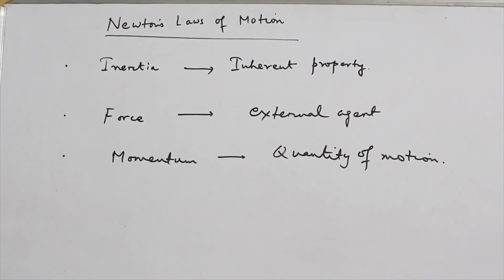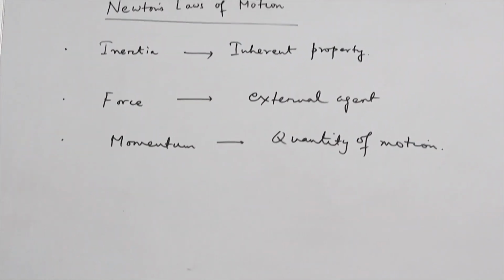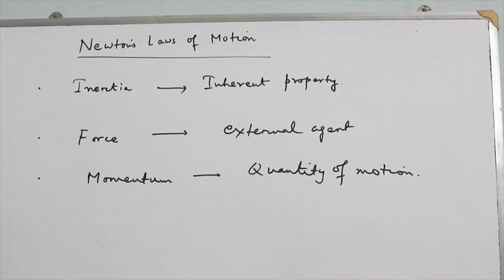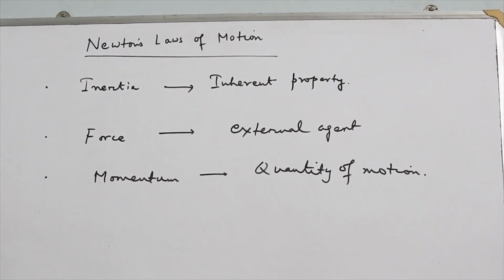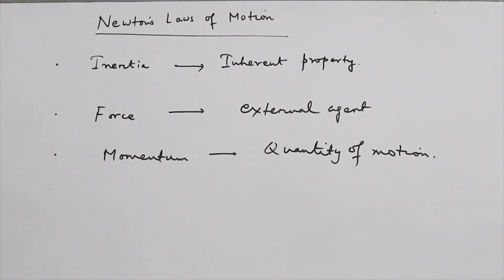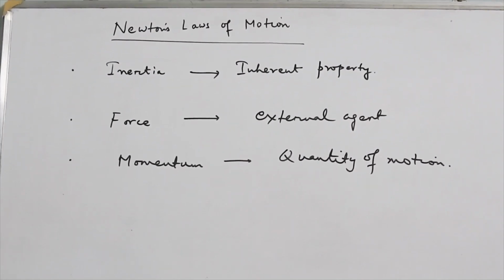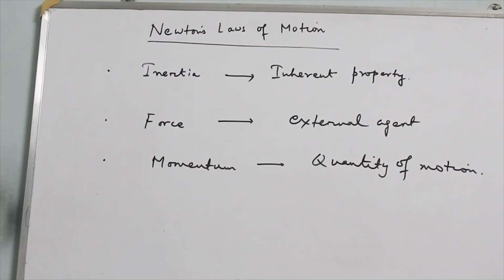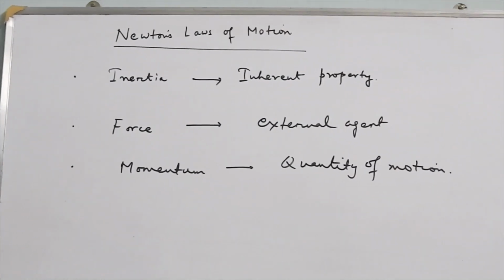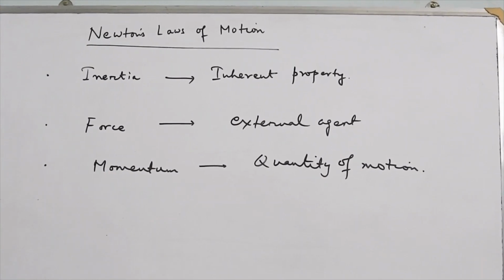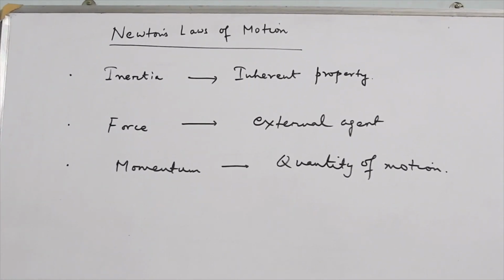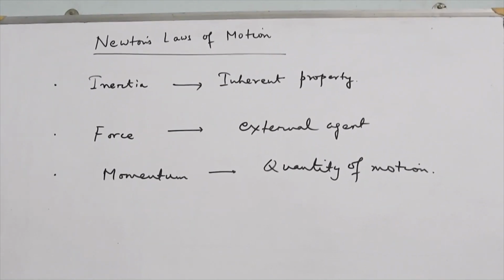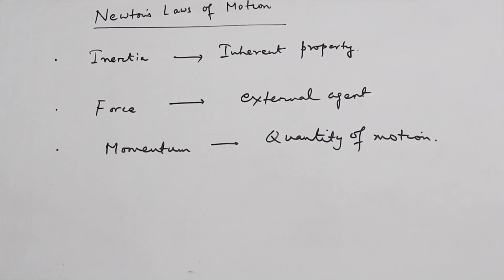Before Newton, many scientists tried to analyze motion. They realized the different parameters of motion. They could realize what is velocity, what is acceleration, what is retardation, and other parameters of motion. But what actually brings a moving body to rest could not be analyzed prior to Newton.